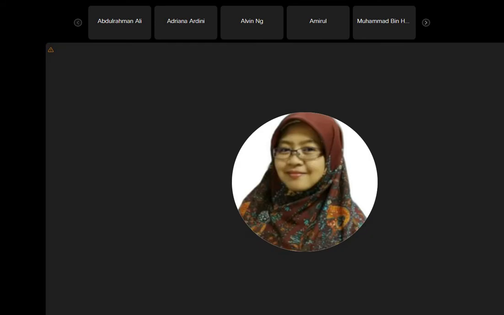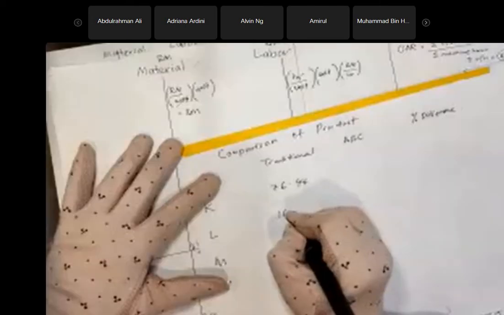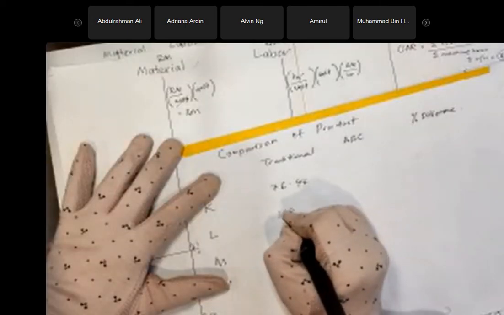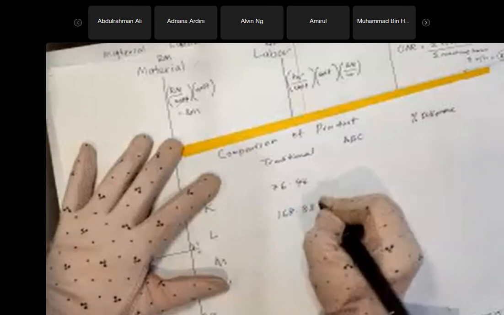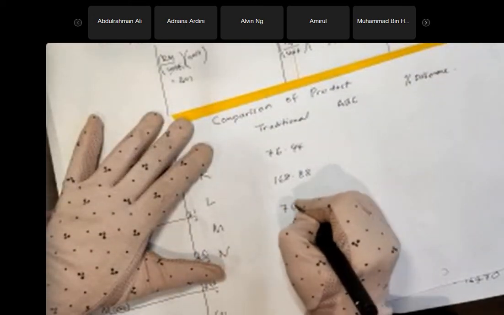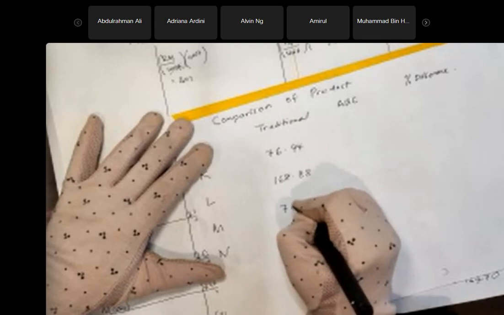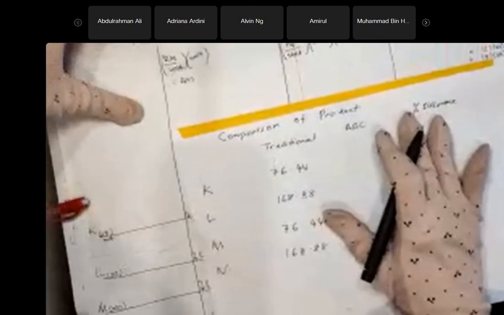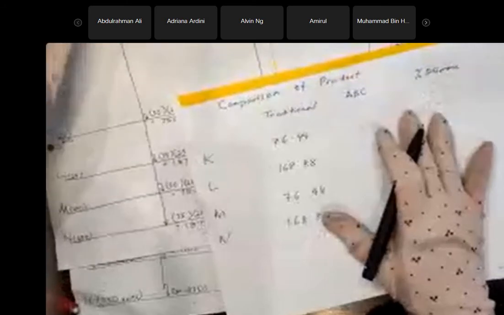The traditional for the first case is 76.44. Just put the number here. The next is the same, 168, and the 76 point is the same. The same 168 as well.